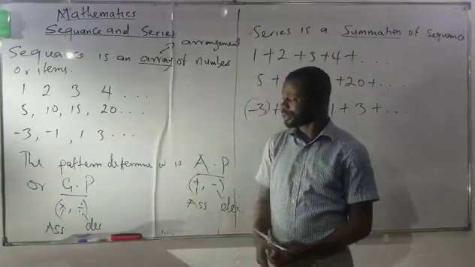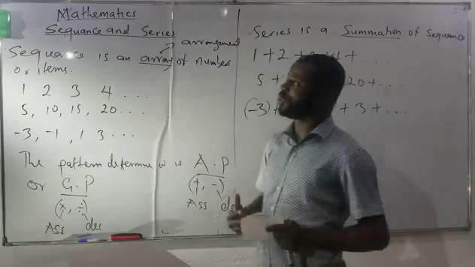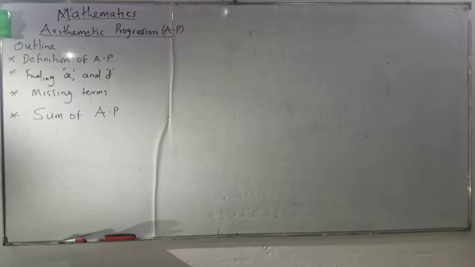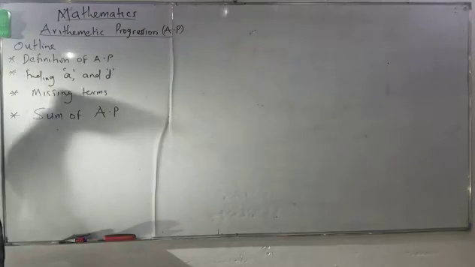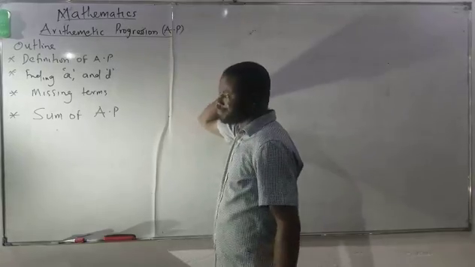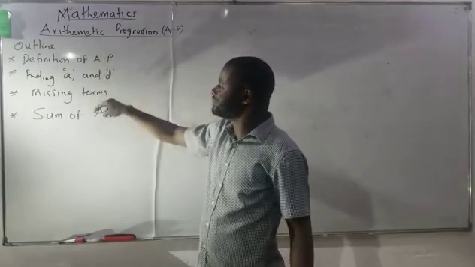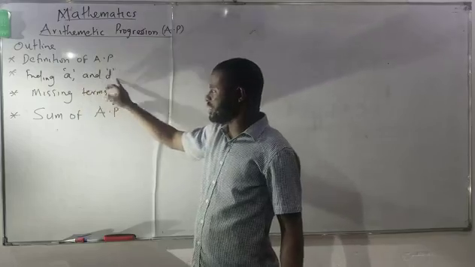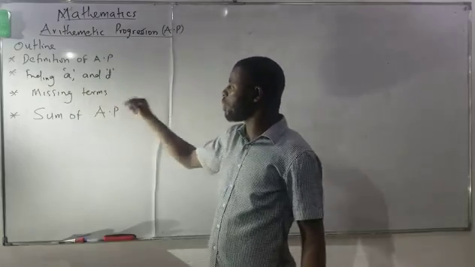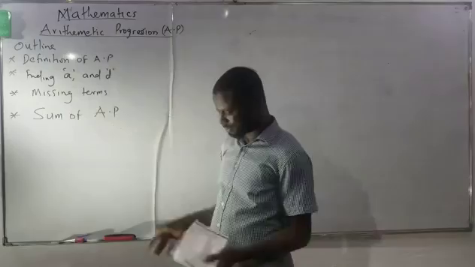This will now take me to what is called arithmetic progression. On this video, I will continue with arithmetic progression, which we call AP. This is the outline I'll be working on: the definition of arithmetic progression, finding the missing term, finding A and D, which is the first term and the common difference, and lastly the missing term and the sum of an AP.